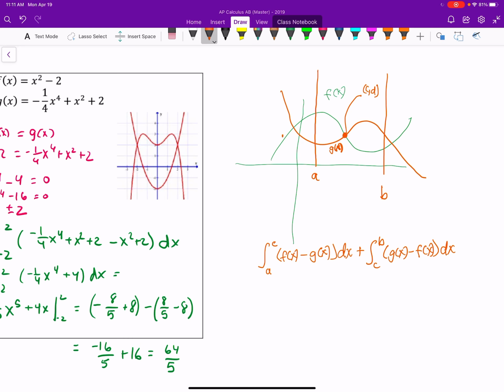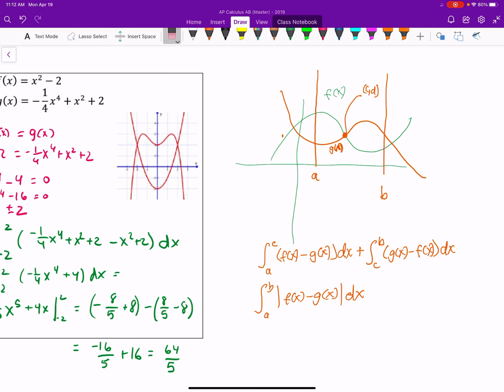So if the relationship between f and g changes, I have to find where the relationship changes and split the integral in two. It would essentially be from A to B, the absolute value of f of x minus g of x dx. But anytime you do an integral of an absolute value, you have to see where it changes from positive to negative.